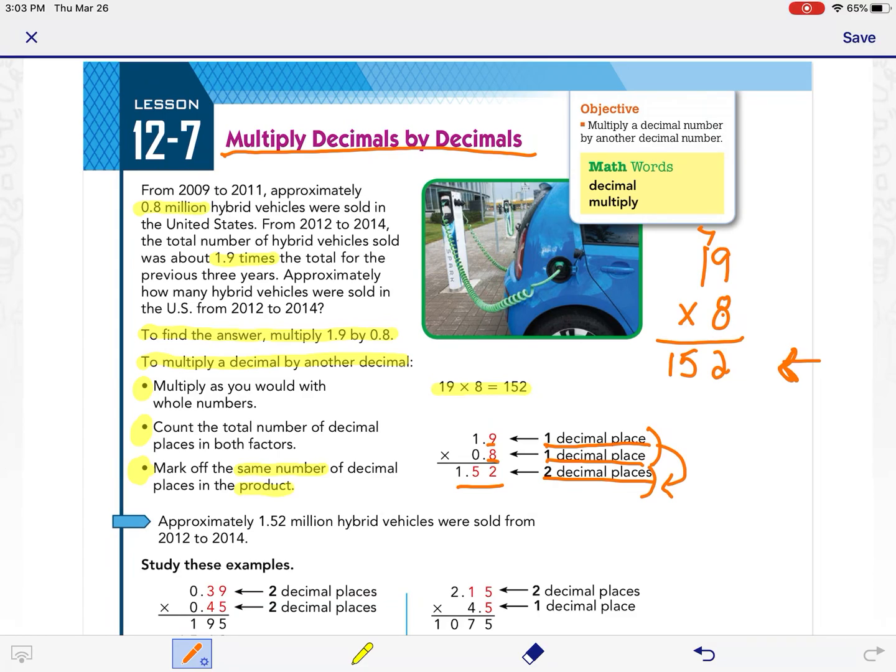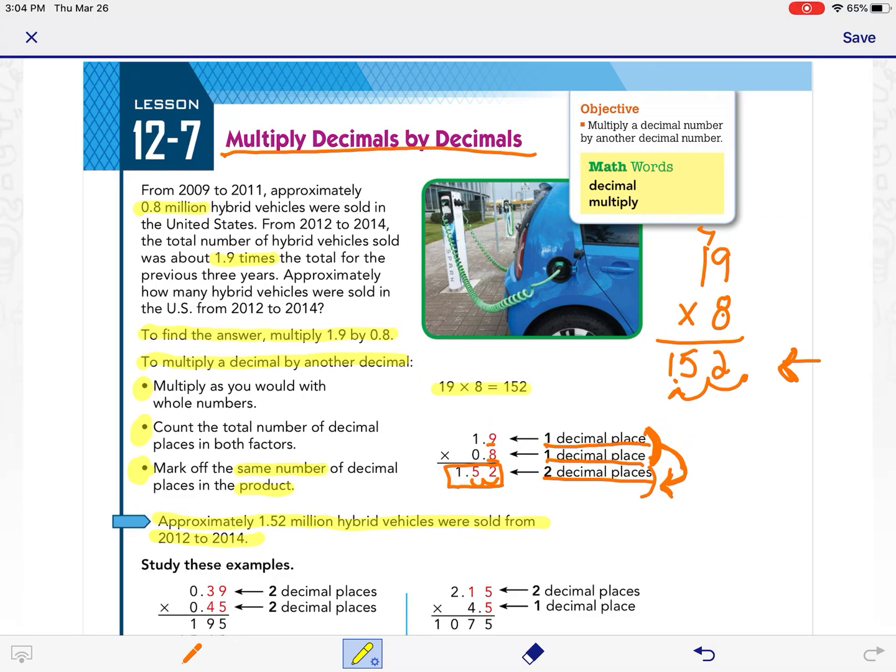The decimal point is going to be right here. So we're moving it 2 decimal places in. Why are we doing that? Because there are 2 decimal places in the factors, and we want the product to match the factors. So you can see their answer, 1.52. The decimal point got moved 2 spots. So approximately 1.52 or 152 hundredths of a million hybrid vehicles were sold from 2012 to 2014.